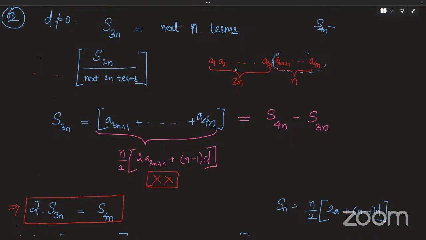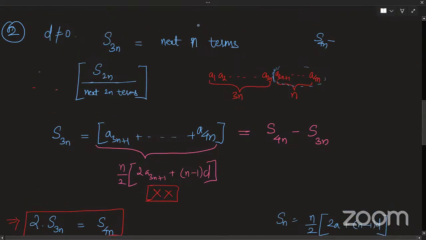So I had told you that S of 3n, the sum of first 3n terms, is equal to my sum of next n terms. So the sum of next n terms is basically S of 4n minus S of 3n, right?